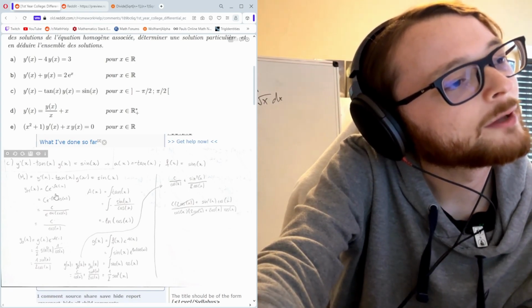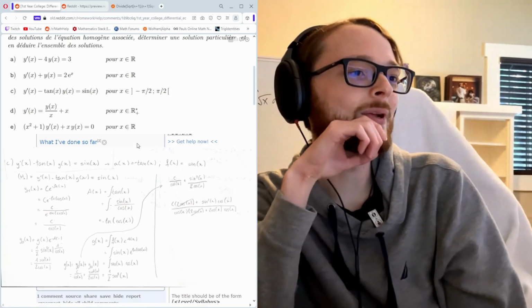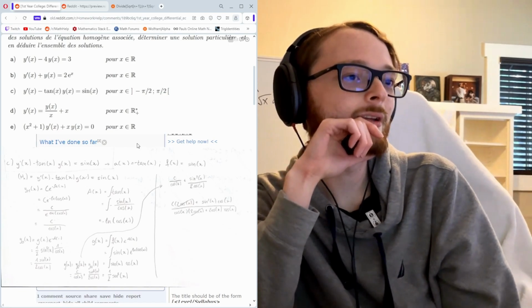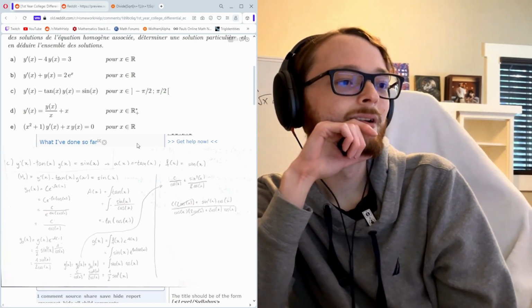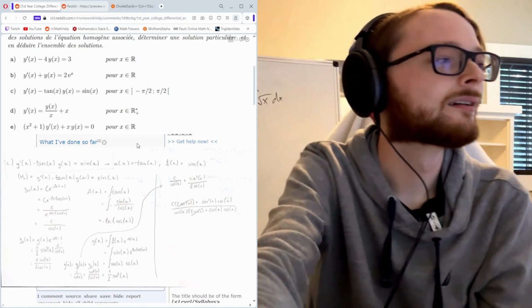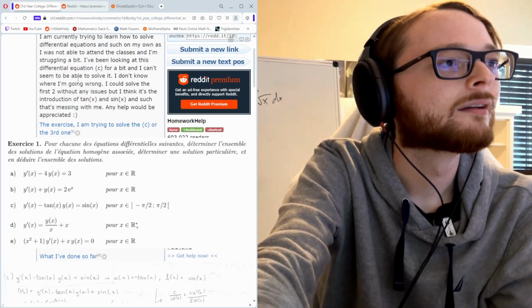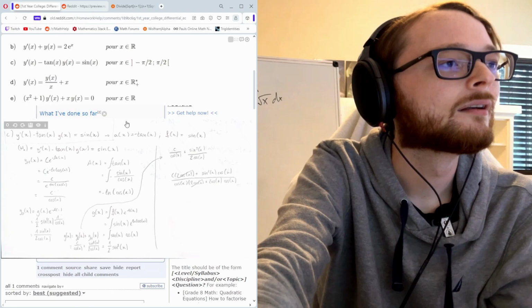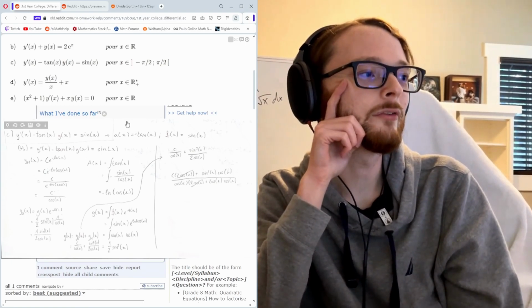That's a weird way to do the integrating factor. Wait, this is a much different format than I'm used to. It might be right. Wait, what's our actual question again? Okay, they're just confused on C with a tangent and sine.